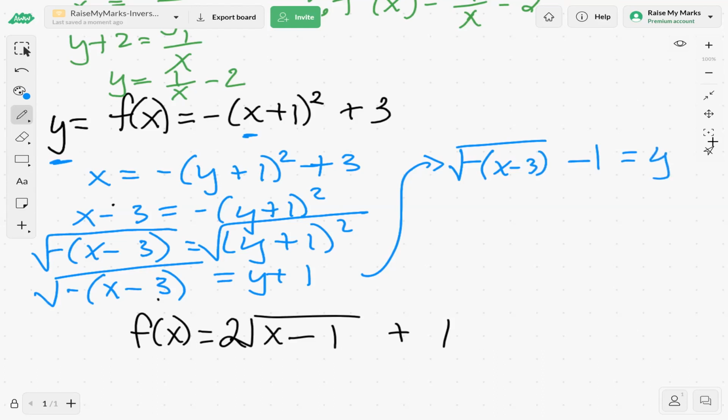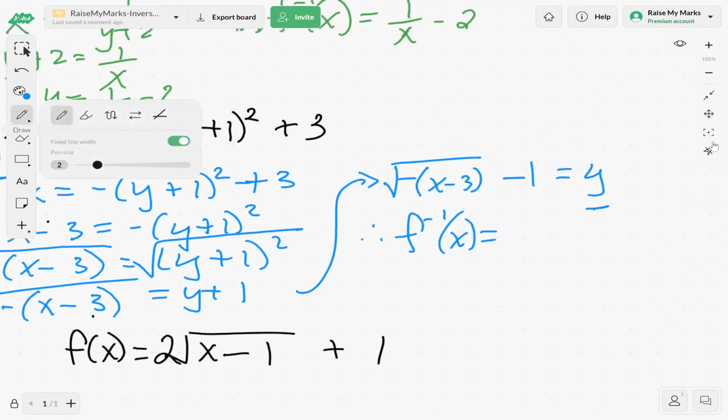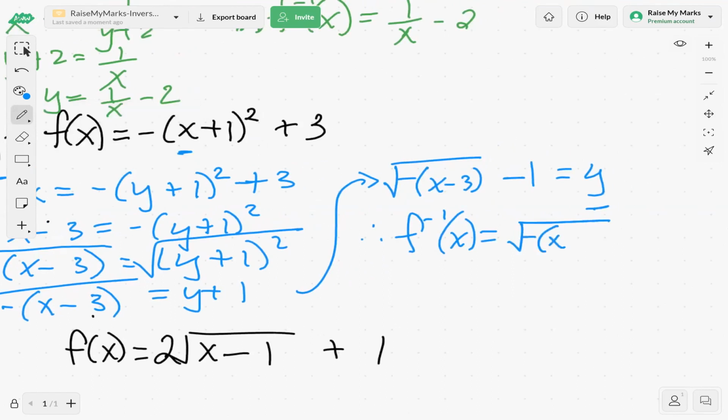Okay. All right. We might have to do a bit of fiddling with our domain, but that's okay. And then finally, we're going to replace our y with our inverse function notation. So f inverse equals the square root of negative, x minus 3, minus 1. Okay. So if you notice, we have the square root of what looks like a negative number. However, depending on what our domain is, that will be a valid statement.